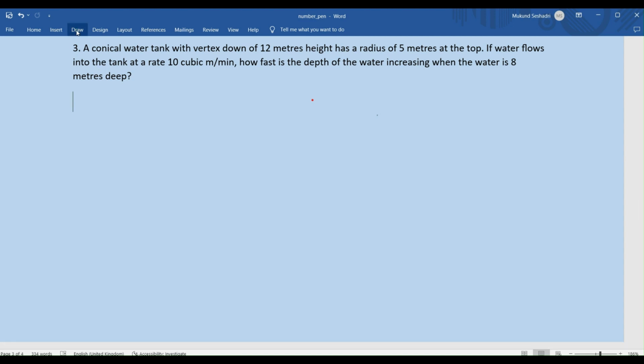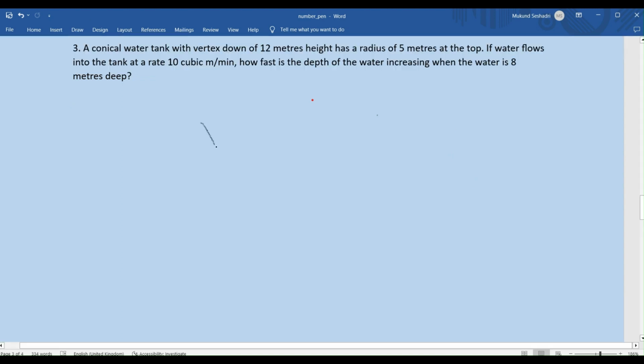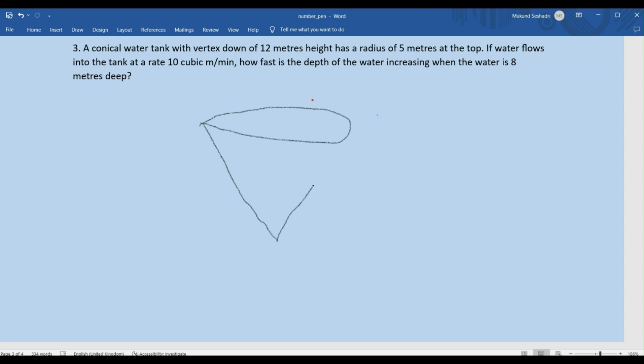So let's take a minute to understand the problem. Let's probably use the pencil tool to draw this. So here we have a cone, and this is the tank, right?